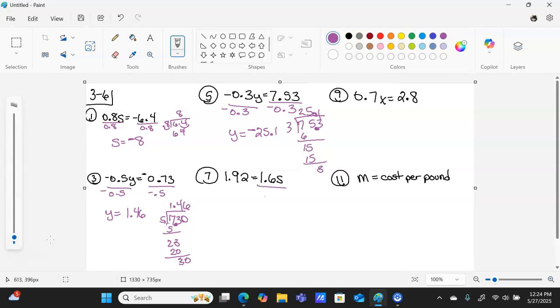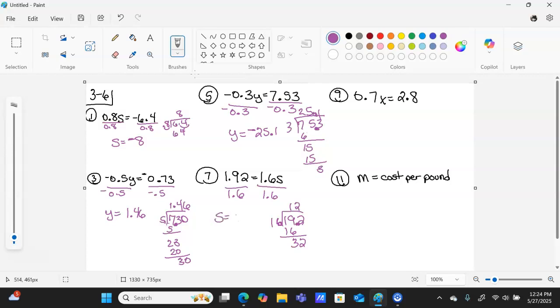On this one, we have 1.6 times s, so we're going to divide both sides by 1.6. So my decimal would move one place, and so it's gone over here, and over here it's in between the 9 and the 2. 16 will go into 19 once, and 16 will go into 32 twice.